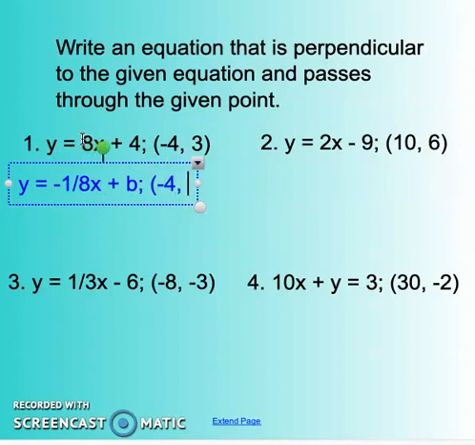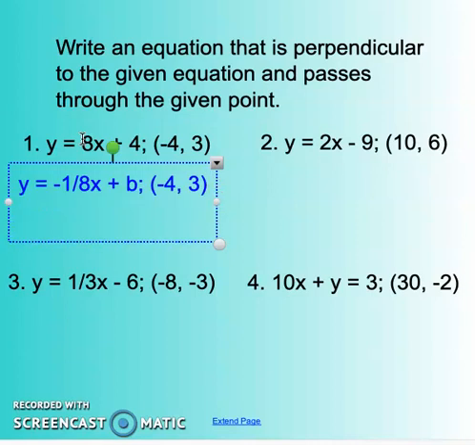But I do have a point that our new equation will pass through, and so I'm going to use that in order to create another equation. So I'm going to plug in, just like we did in our last video to find a parallel line, the -4 and the 3.